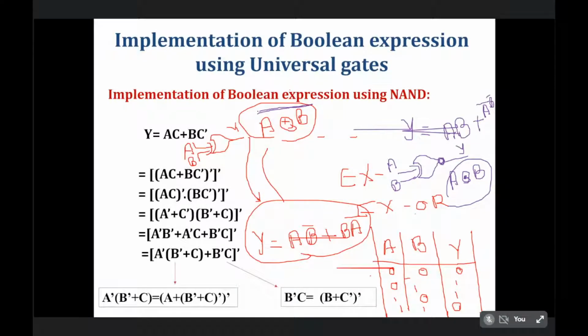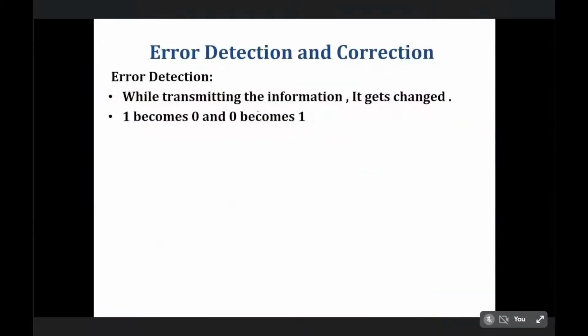There's one more topic which remains from the first unit, and that is error detection and error correction. So what is the error detection and the error correction? Whenever we design something, sometimes we have some information. If we talk about the digital domain, that information will be in the form of a combination of 0 and 1.